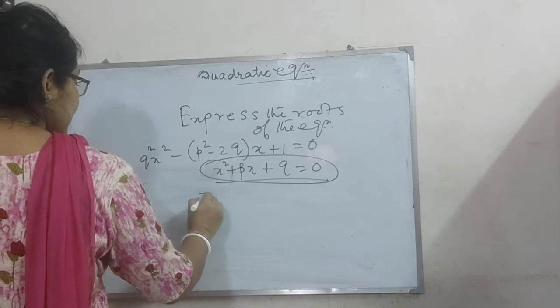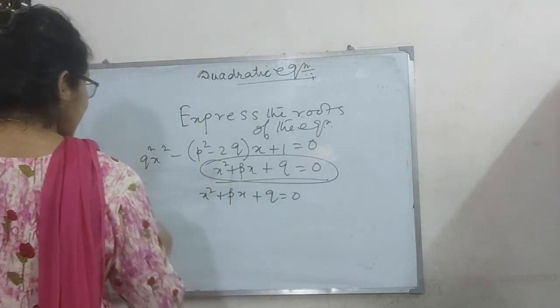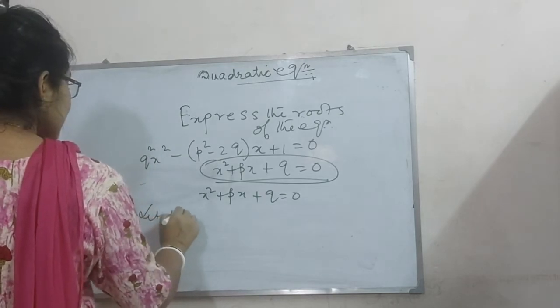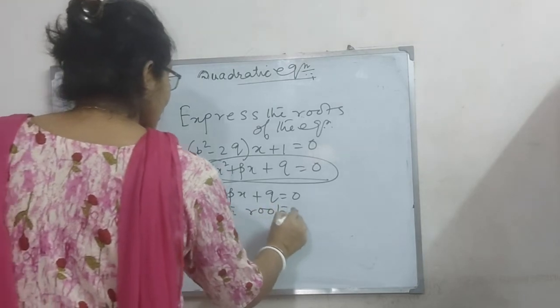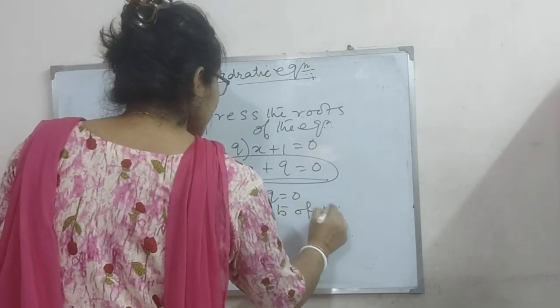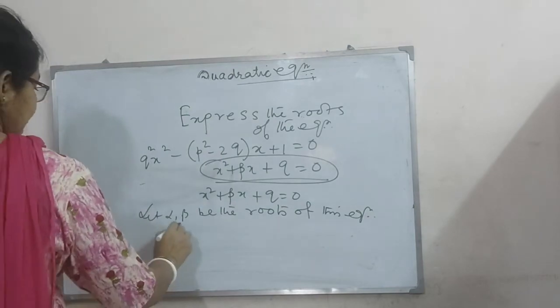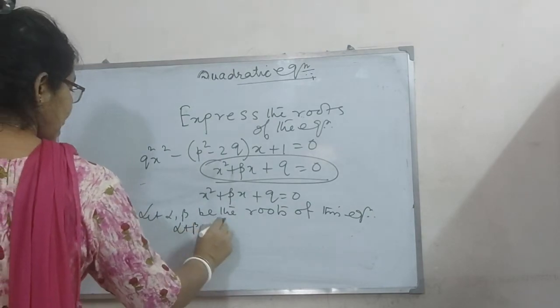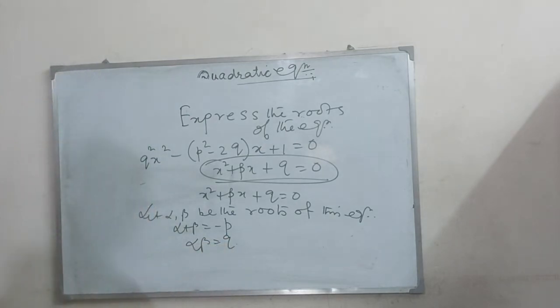Let alpha, beta be the roots of this equation. Therefore, alpha plus beta equal to minus p and alpha beta equal to q.